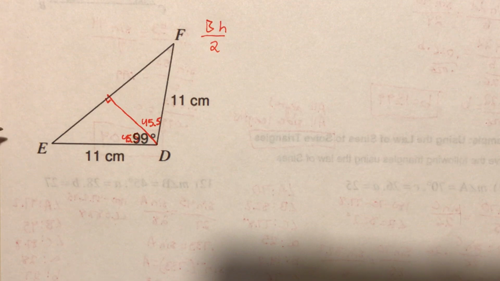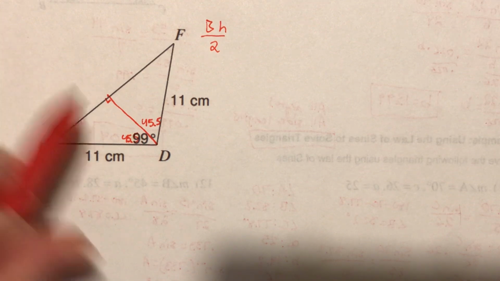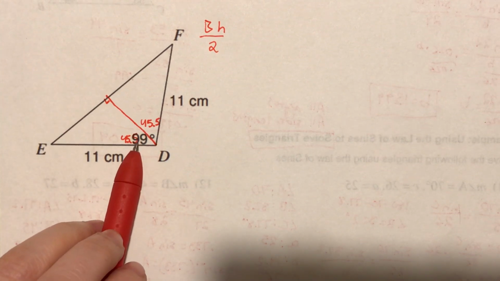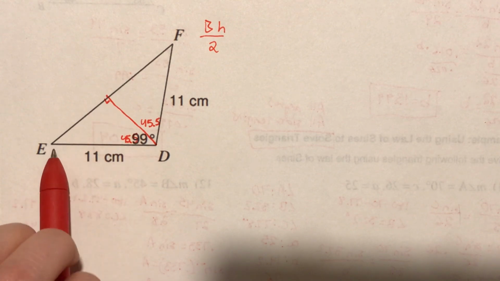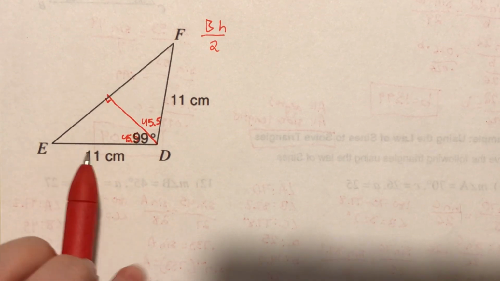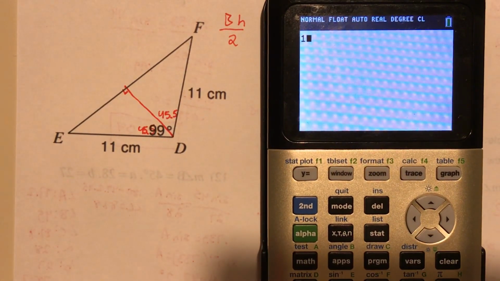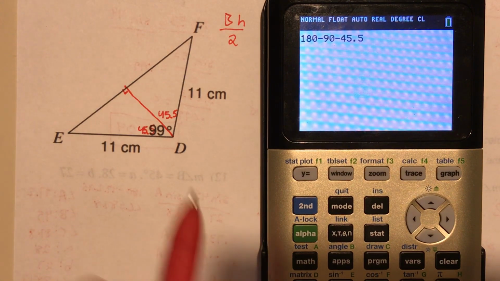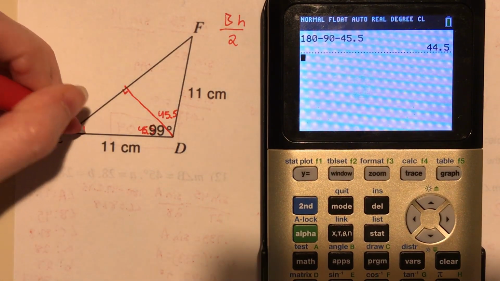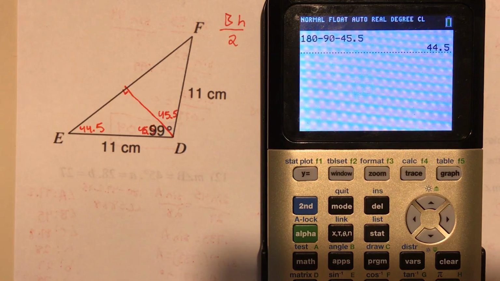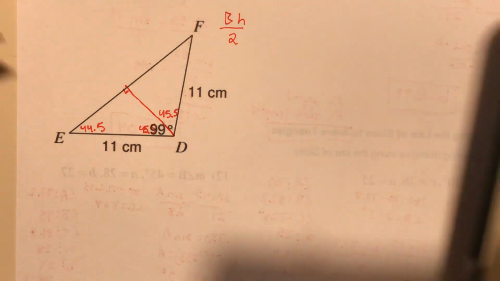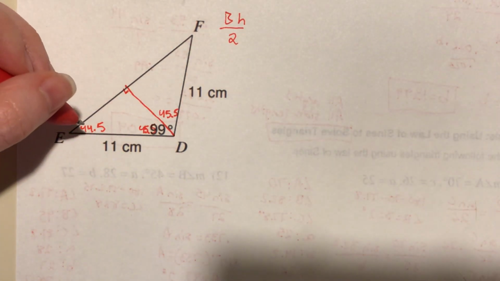One thing to note is if this angle is 45.5 and this angle is 90, we can easily figure out what angle E is, because we can say that 180 minus 90 minus 45.5 is going to give us 44.5. So angle E is 44.5. And we're going to use that angle to help us.